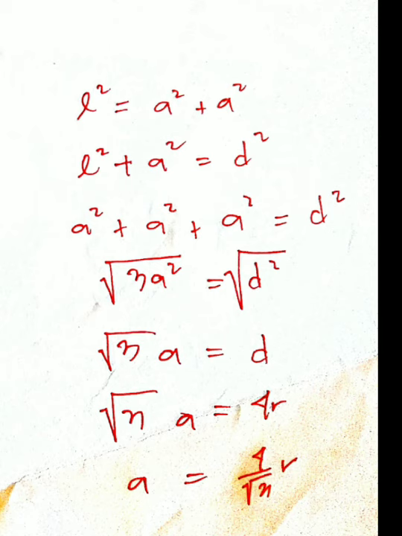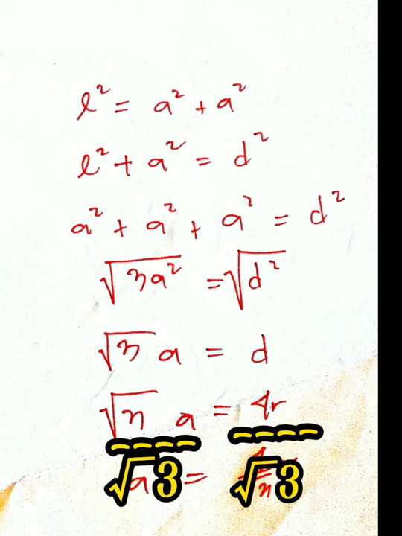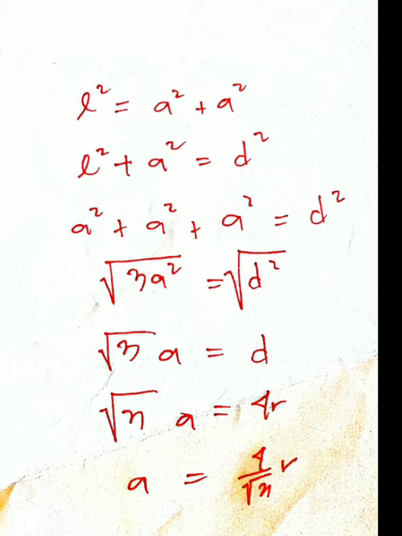To find the edge length, we will divide both sides by the square root of 3 to eliminate the constant on the left side so that variable a will remain. So, after that, the edge length is equal to 4 over the square root of 3, times r.